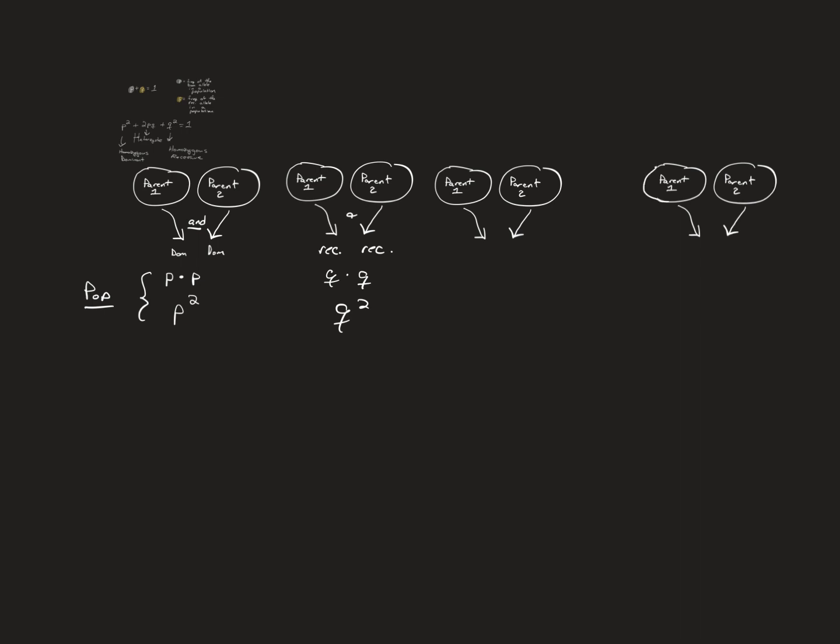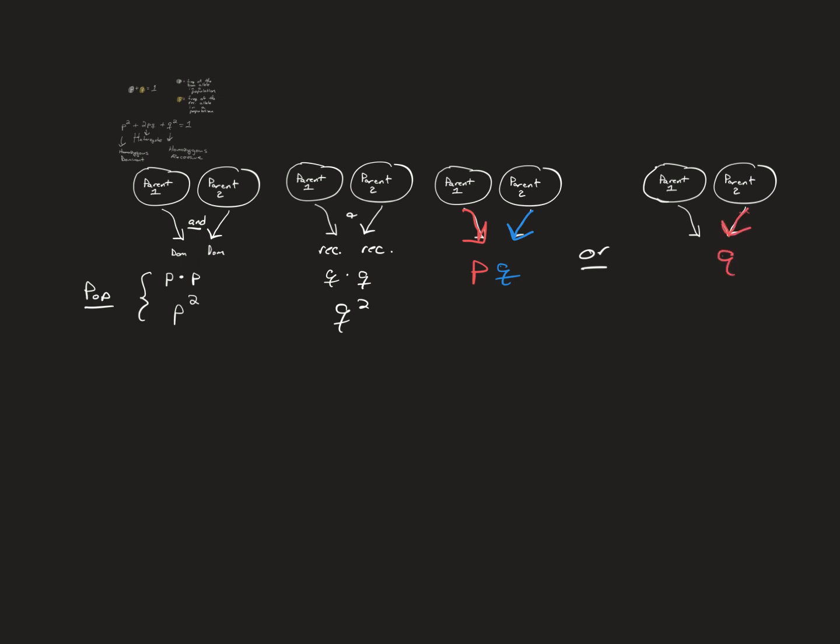The first way is if mom gives the dominant and dad gives the recessive. Or what? What's another way? If mom gives a dominant and dad gives the recessive, or the opposite, right?